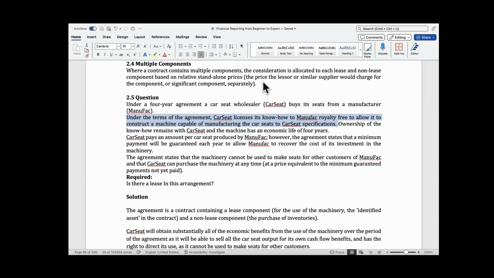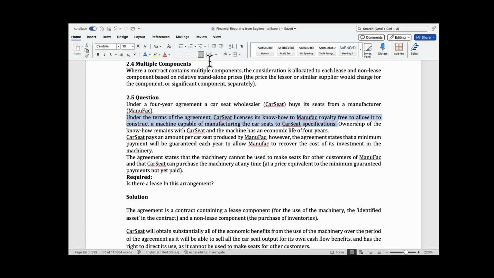Yes, Latif, go ahead, please. The car seat is the wholesaler, where the manufacturer is the manufacturer. So Car Seat now has a technical know-how that he gave to the manufacturer.